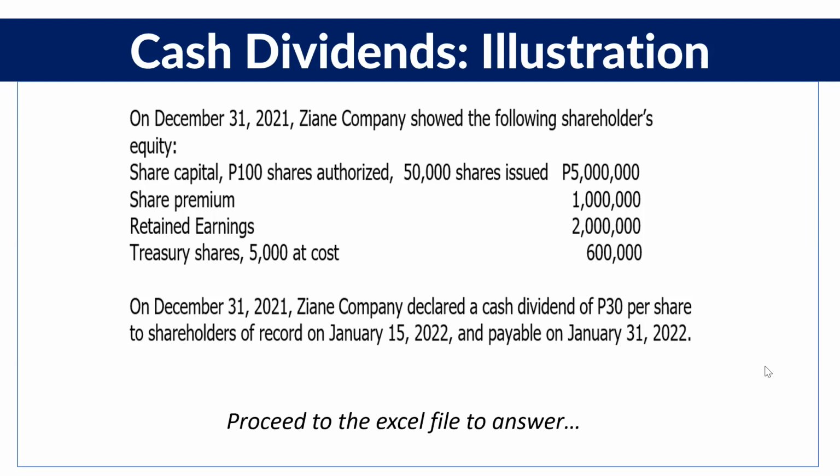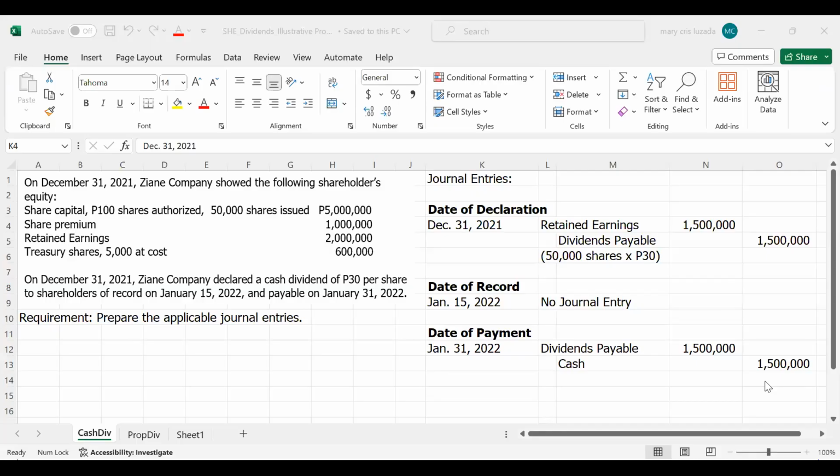Okay? So let me proceed to the Excel file to discuss the answer to this problem. This is what we will do to record the transaction. Again, as I've mentioned, not all of the 50,000 shares will receive cash dividends, because there are shares in the treasury.